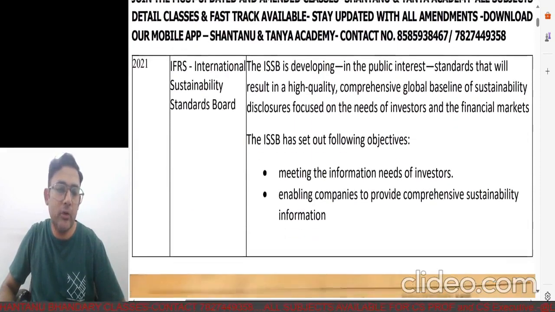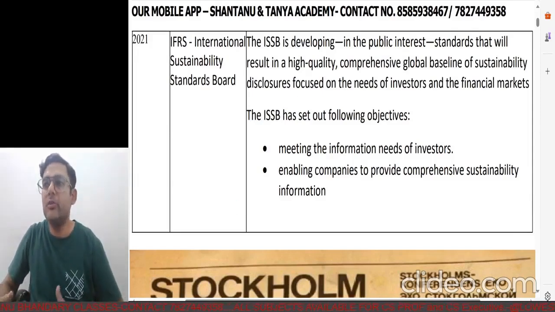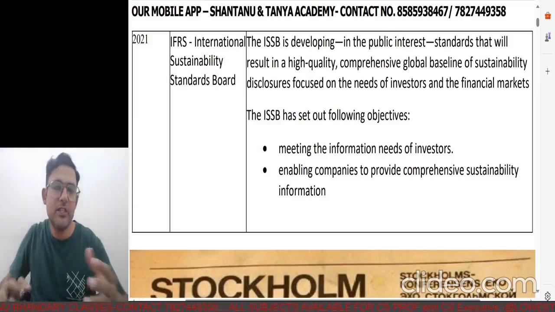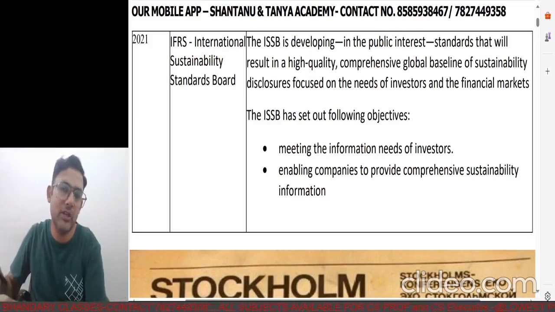Then in the year 2021, we talked about IFRS, the International Sustainability Standards Board. This is basically about meeting the information needs of the investors, because if you see from the previous conference, we've been shifting our focus towards the security market, towards the investor, winning their trust, winning their confidence.